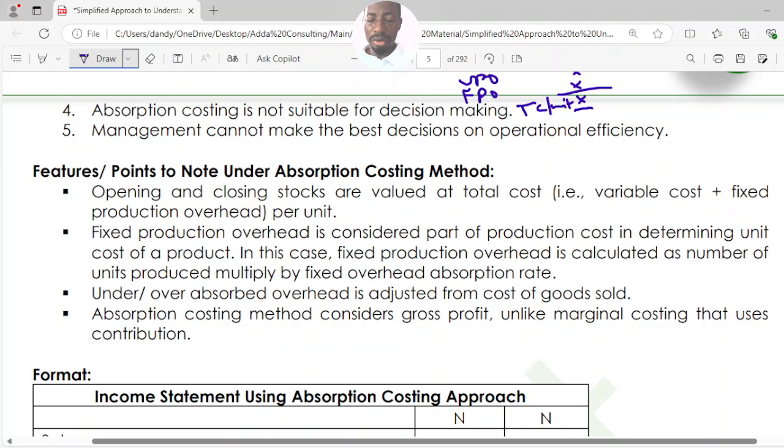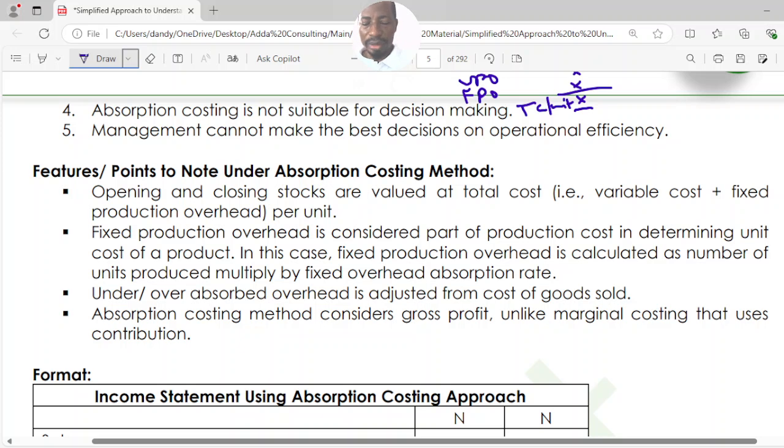If not given to you, then you need to get it by dividing the fixed production overhead by the budgeted output. Once you have the fixed overhead absorption rate, you multiply it by the number of units produced. That will give you the fixed production overhead.